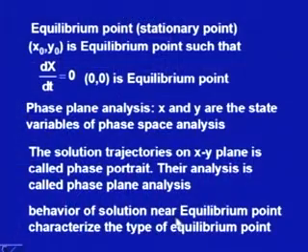If it is 2 dimensional, then it is phase plane analysis. If the system has more than 2 variables, then what we have is a phase space analysis. So, we try to see how the trajectories look on the xy plane. And then the behavior of solutions near the equilibrium point characterizes the type of equilibrium point. So, what are the equilibrium points, what are their characteristics, we illustrate with the help of eigenvalues and eigenvectors.